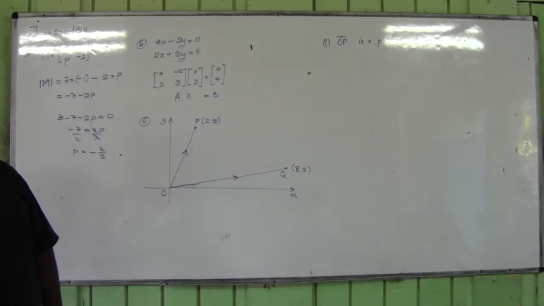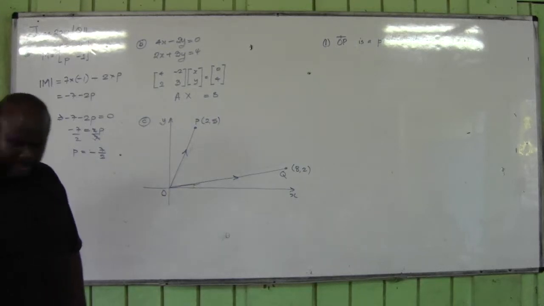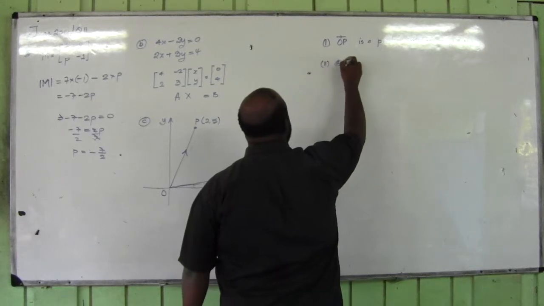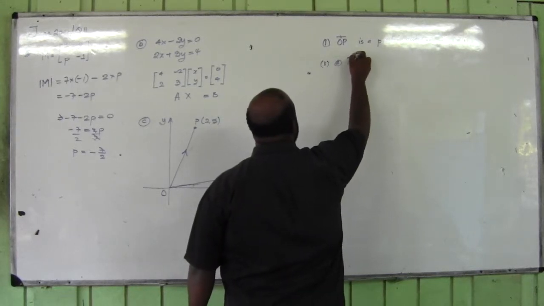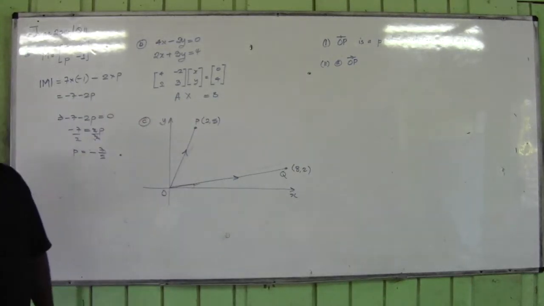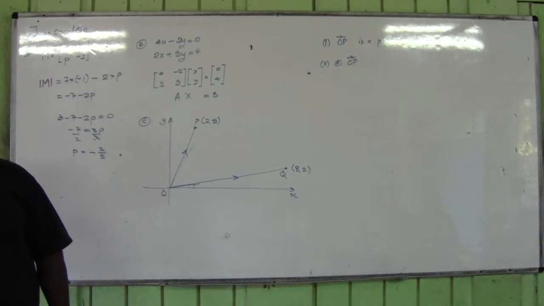What is a position vector? A vector that is tied to the origin. This says, write each of the following in the form AB. A, OP. Ladies and gentlemen, please note, this is something I told you about a position vector.